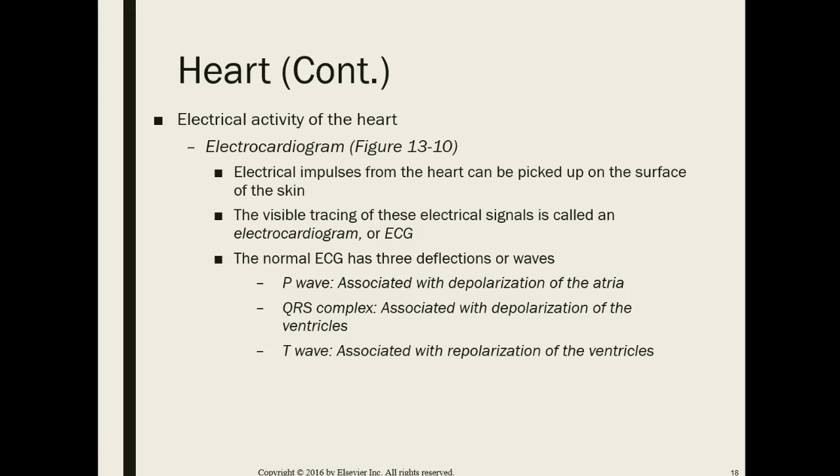With the normal ECG, you're going to have 3 different waves. The P wave is the depolarization of the atria. The QRS complex is the depolarization of the ventricles, and then the T wave is the repolarization of the ventricles. And if any of those areas are abnormal, then whoever's reading the EKG can determine where the issues of the heart may be located.